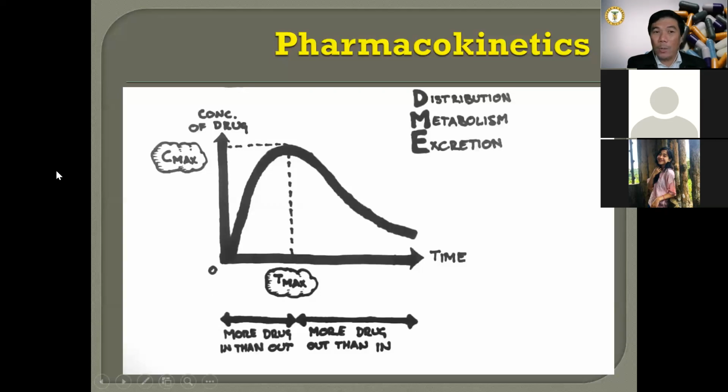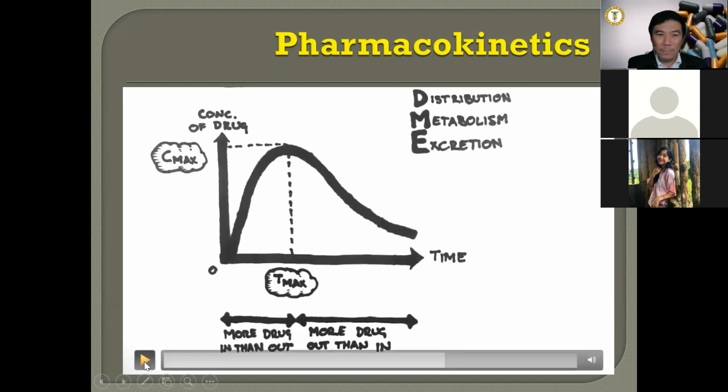We said a while ago that when it reached the peak concentration level, we considered bioavailability, but the whole process itself is the 100% bioavailability. And once it reaches this point, 50% of the drug is already absorbed by the body, and the other 50% can be removed out of the body. So that is what we call half-life.